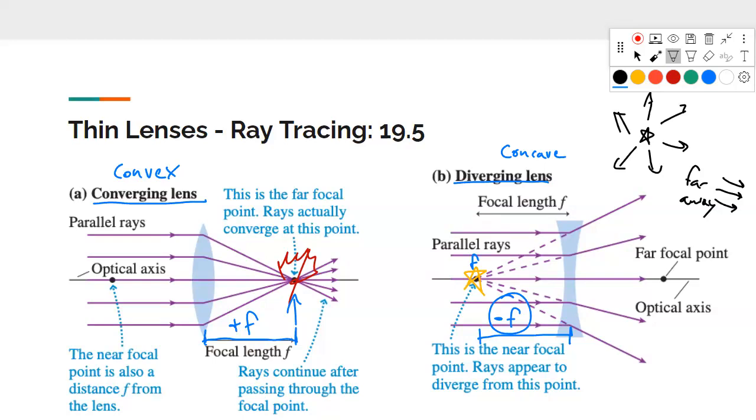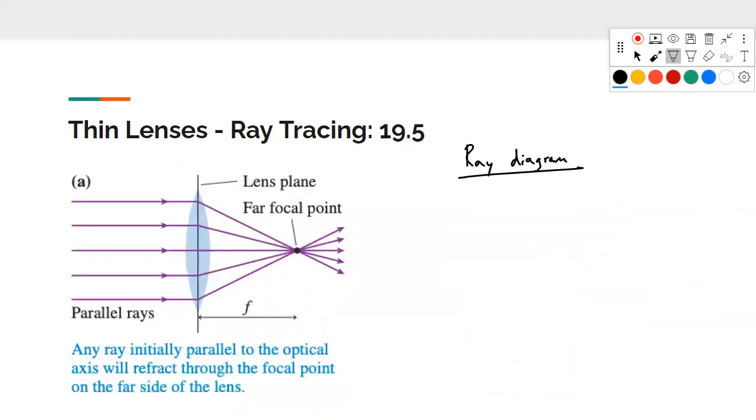We have 2 surfaces. But if we imagine that those 2 refracting surfaces are very close together, i.e. a thin lens, and that we can measure from those surfaces as one point, then the only number we need to describe a lens is the focal length. Okay, very important principle.